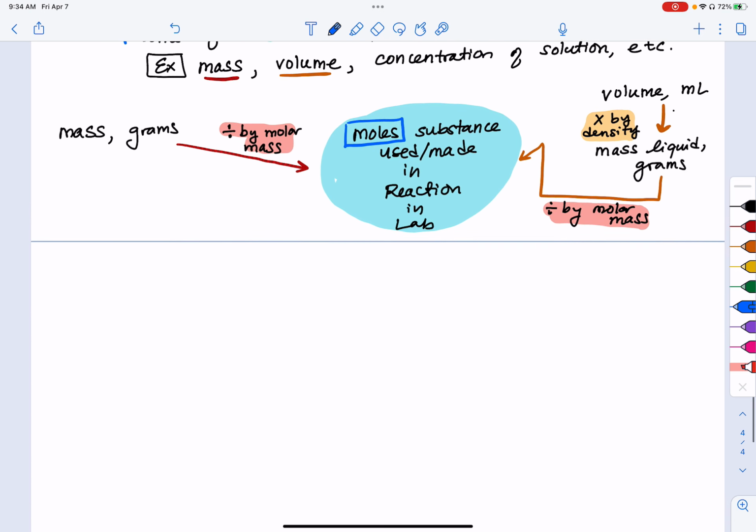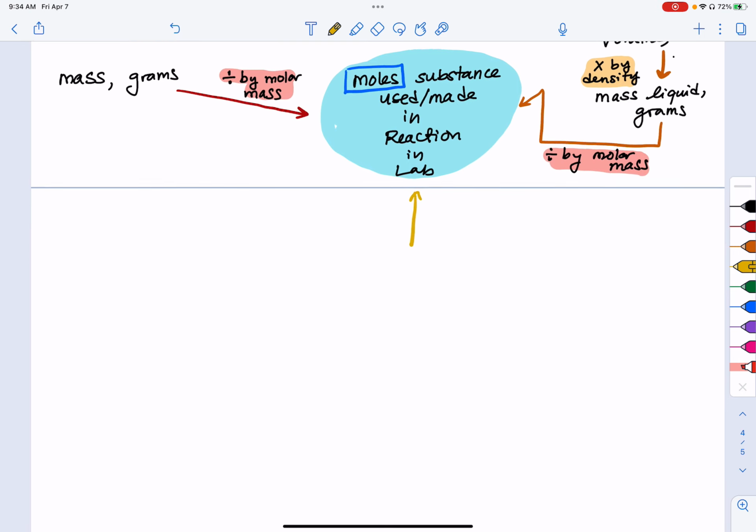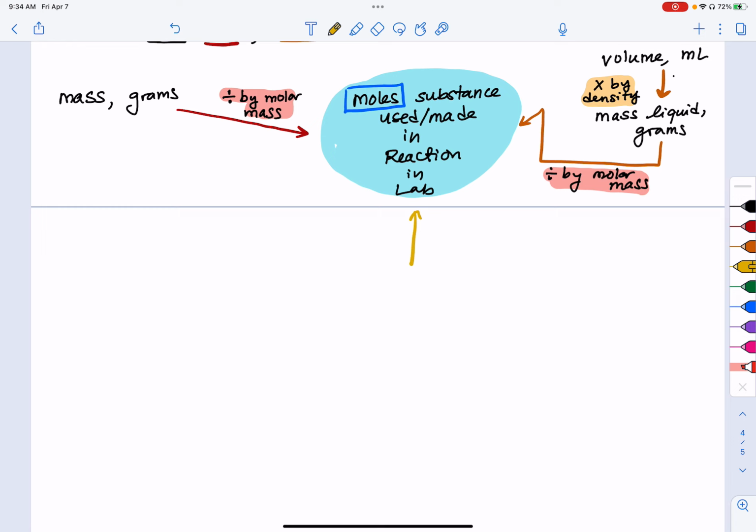Okay, this last one, concentration. As I stated earlier, this is one that we use a fair amount and we'll be using quite a bit in particular for our aqueous stoichiometry.